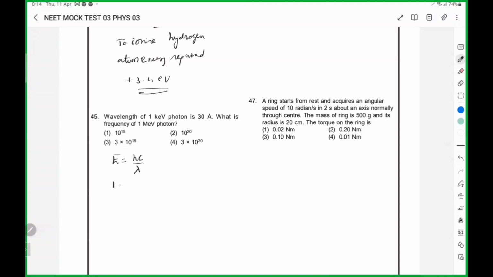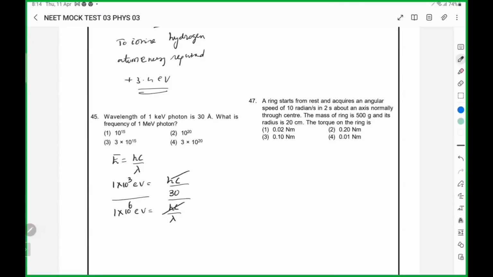So energy here is 1 kilo electron volt. hc is fixed, here it is 30 angstroms. So 1 mega electron volt. Then what is the frequency? Let us find lambda first.